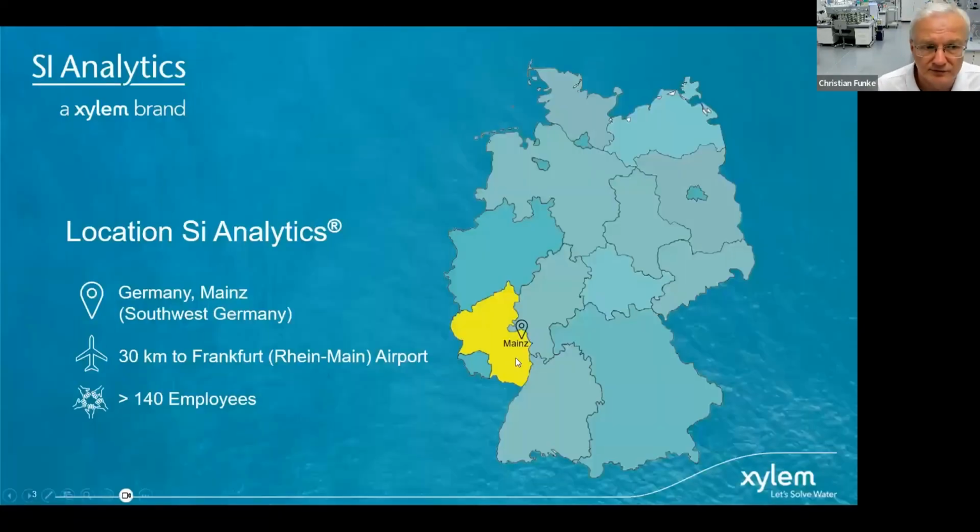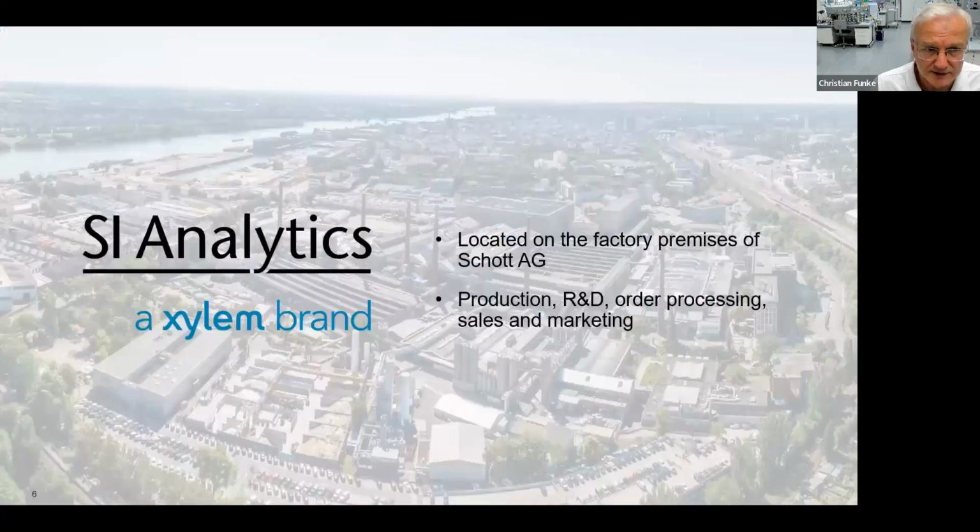In Germany, for Xylem Analytics, we have approximately 600 employees, where in Weilheim is the headquarter. Then we have a site in Ingolstadt, and in East Germany in Saxony we have Sensortechnik Meinsberg. So 140 employees work here. You can see the building at the Schott site, working mainly in production, but also in research and development, order processing, sales, and marketing.